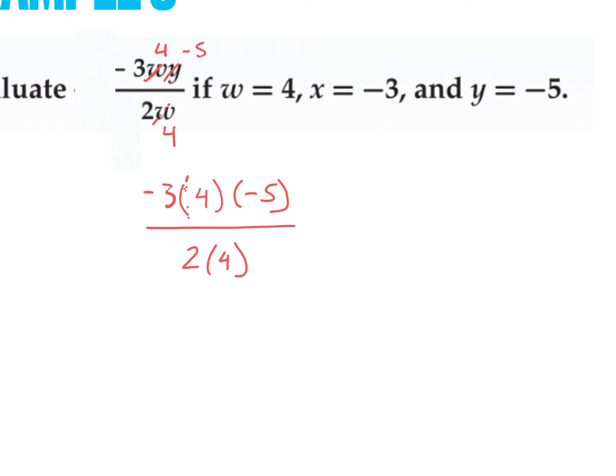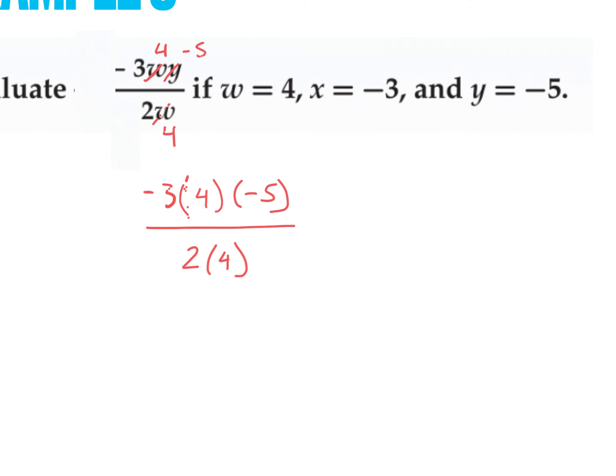What operation do we do here? What's this big bar? Division. So we have negative 3 times 4 times negative 5 divided by 2 times 4.